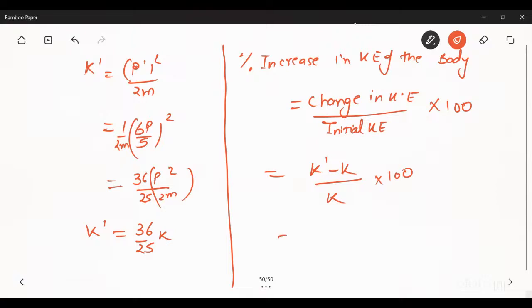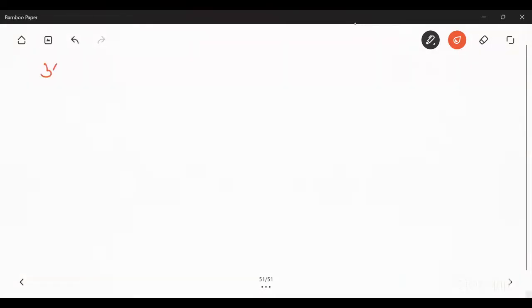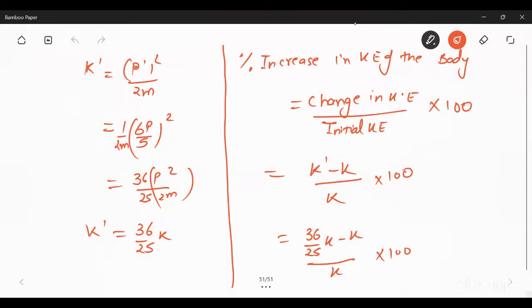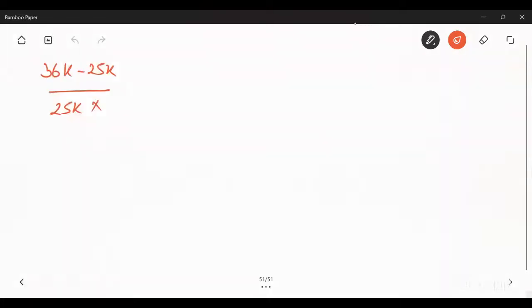So what is K dash here? 36 upon 25 K minus K, upon K, into 100. Now, if you take LCM, you will get 36K minus 25K upon 25K into 100.